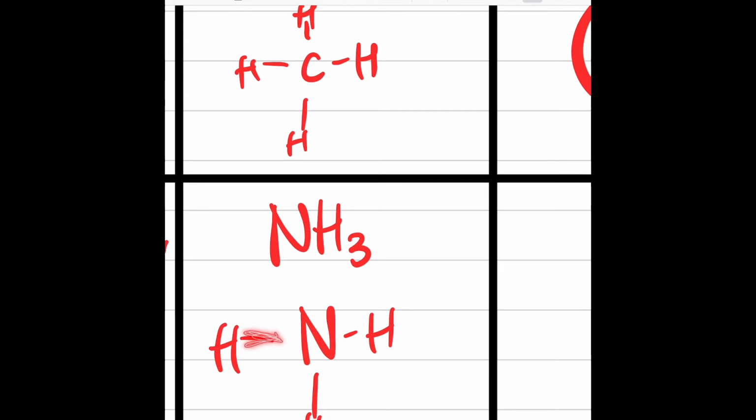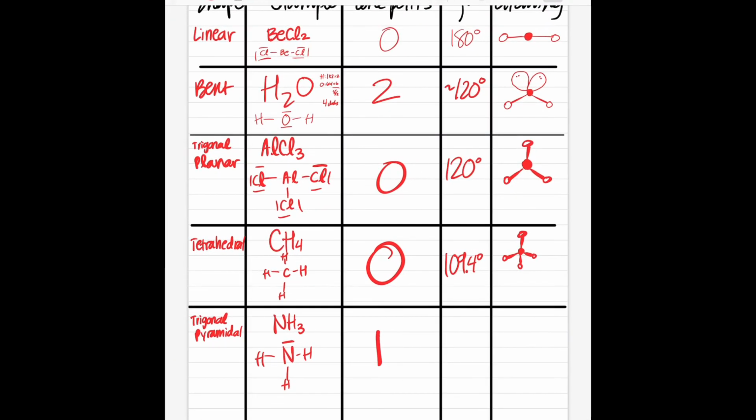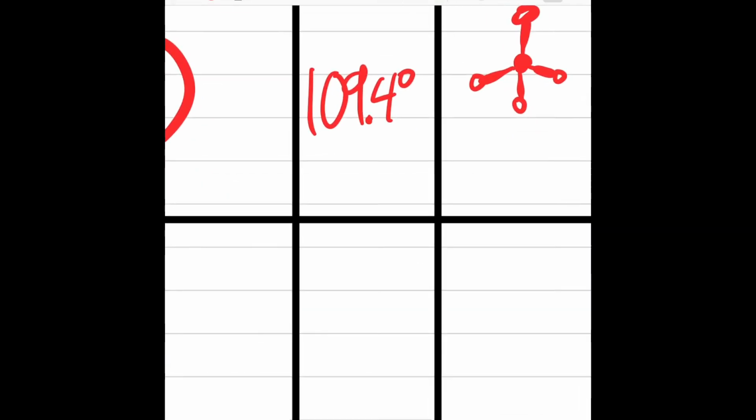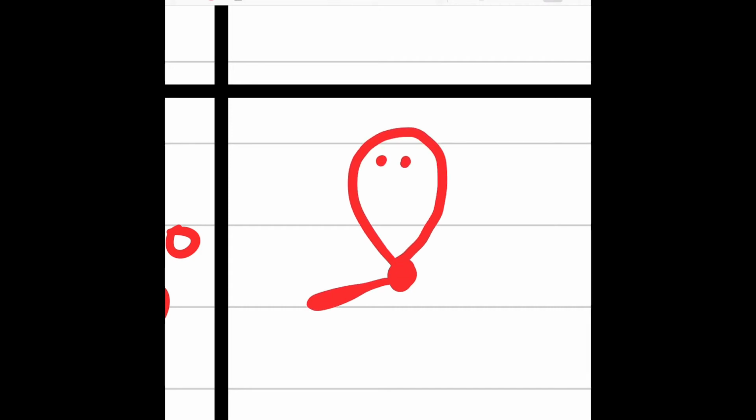My 4th dash needs to go on top like that. Well, I have a lone pair on my center atom. I have 1. So there's only 1 that has a single lone pair, and that's trigonal pyramidal. The angle is 107.3 degrees, and when we have a lone pair on that center atom, remember it looks like a big old rabbit ear, but this one only gets 1.